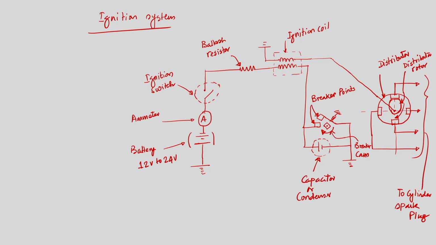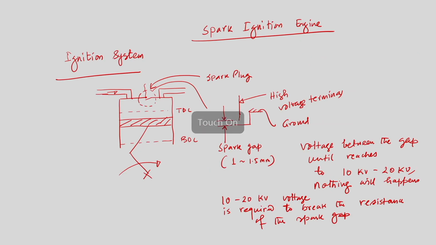So, these are the different parts of the ignition system, and the cylinder spark plug is what we have seen in the previous schematic, that high voltage terminal. So, this is coming from the cylinder spark plug.